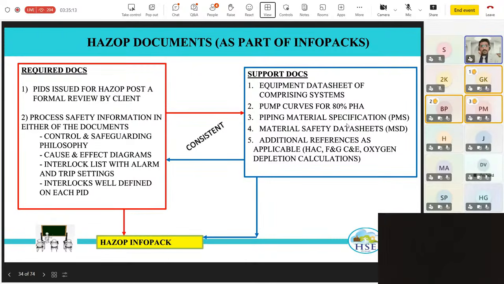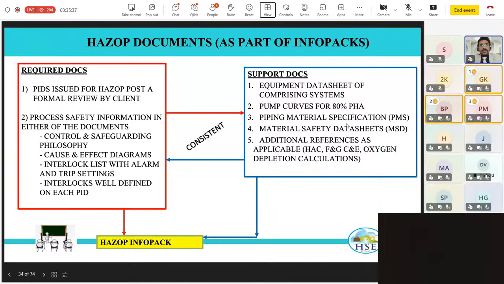So I always insist on having this PMS, because based on the line specifications, these are well defined in a PMS. And many times the interpretation could be in error, not just by the piping engineer, but from all the engineering disciplines. So it is good to have this document, which becomes your binding guideline for any review. Essentially, piping material specification is a must.